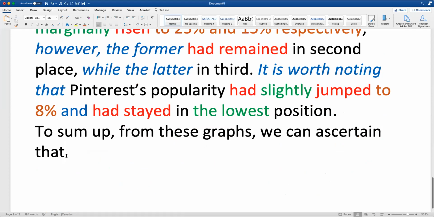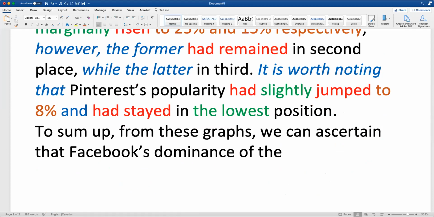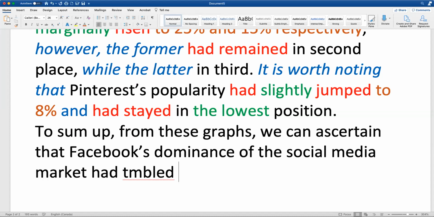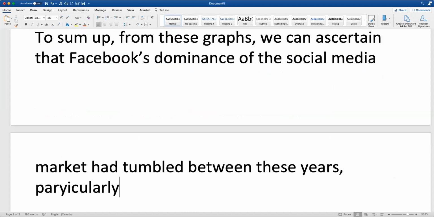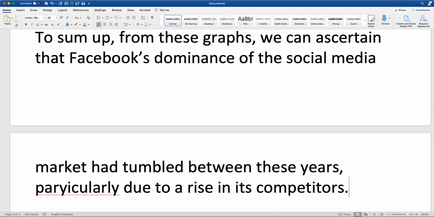We can ascertain that Facebook's dominance of the social media market had tumbled between these years, particularly due to a rise in its competitors. Okay.